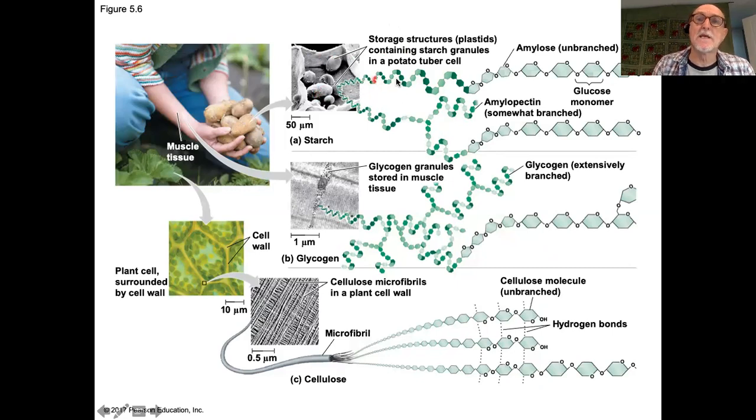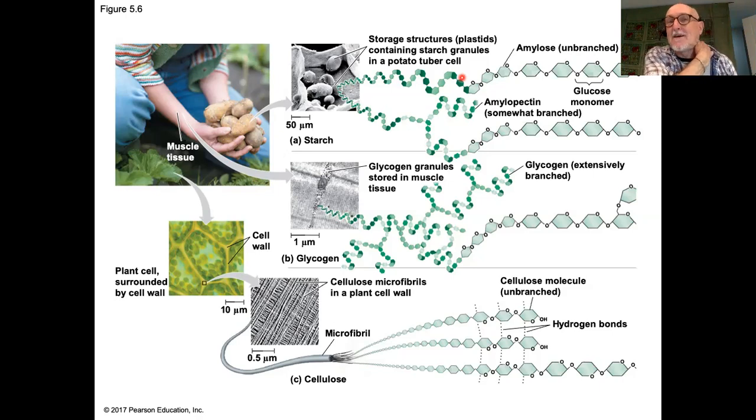The simplest is called amylose, and it's a straight chain of glucose units, all joined together by glycosidic linkages. And if you have a look here, you'll see that these glucose units are all in the same orientation.